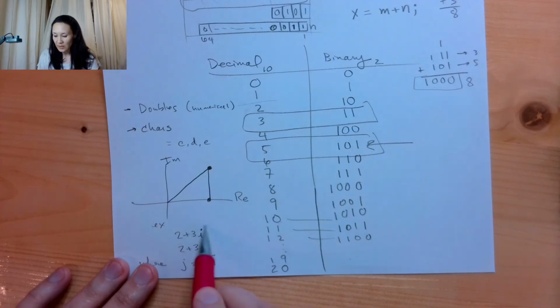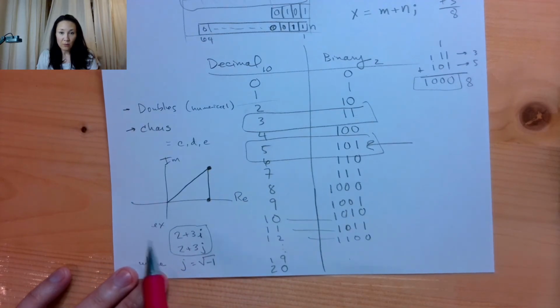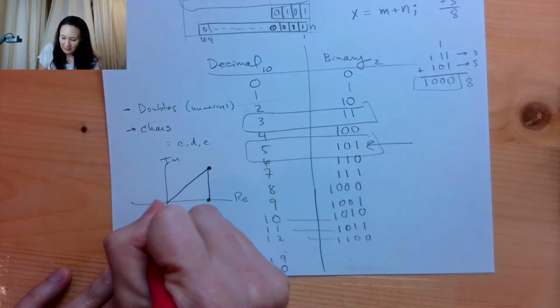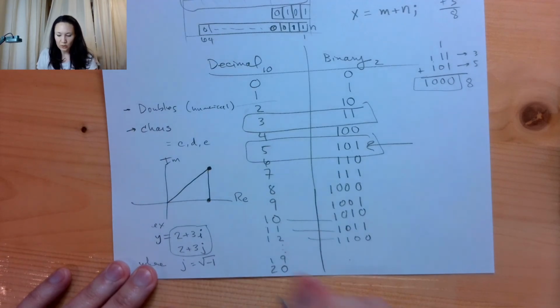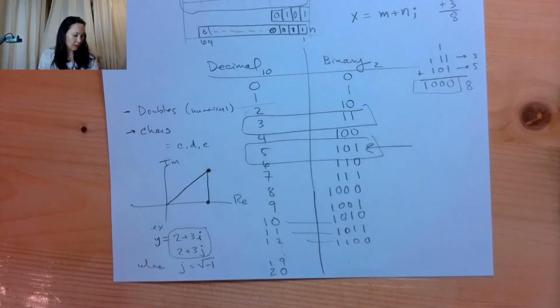Okay, so you can take either one of these and store them in a variable in MATLAB, right? So you could say that y is equal to 2 plus 3i. And MATLAB will figure out what this is in binary, find a place in memory, and store it in there, okay, as a double.